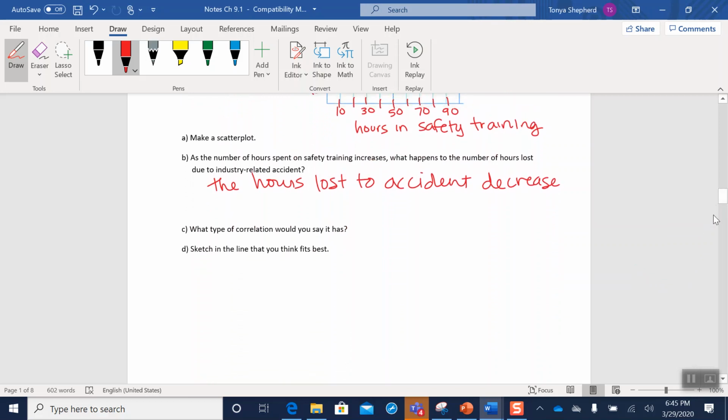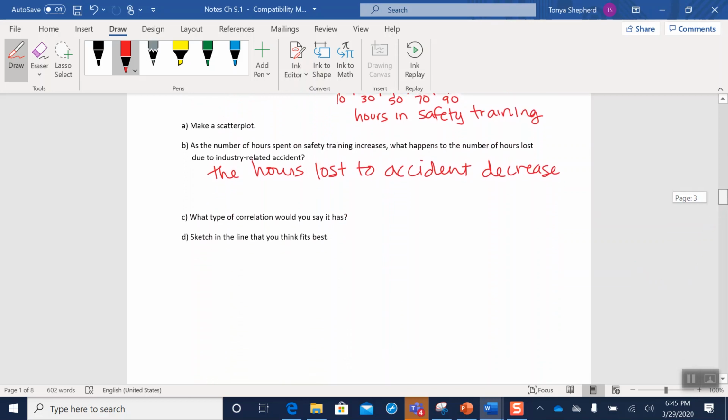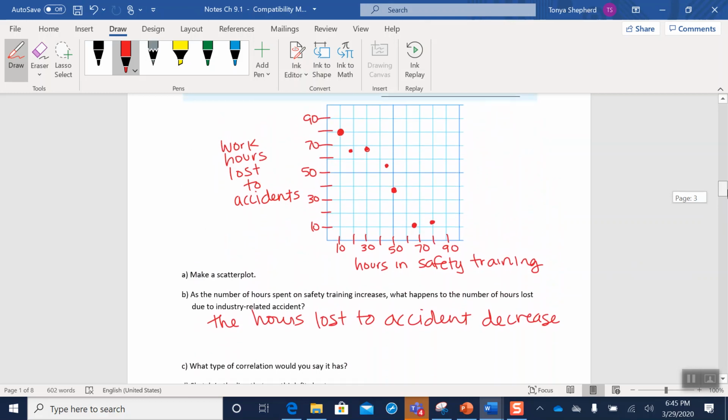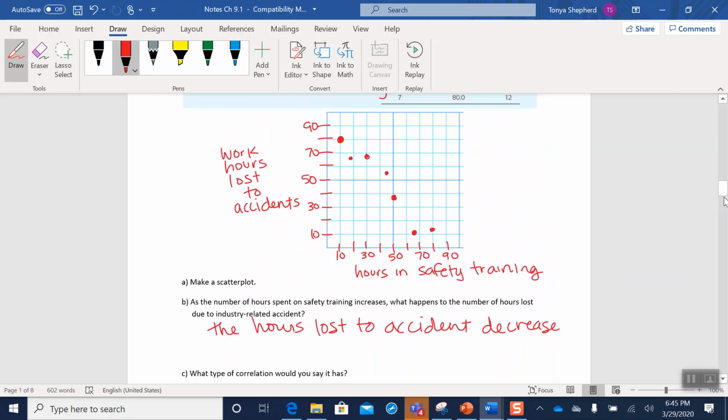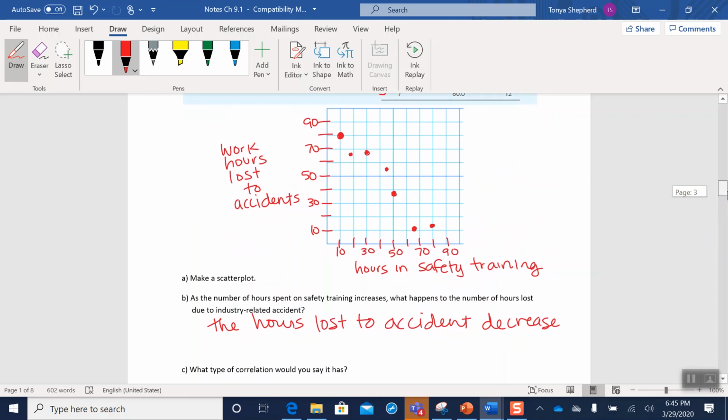Okay, what type of correlation does it have? Okay, so my choices are positive linear or negative linear, and then strong, moderate, or low.